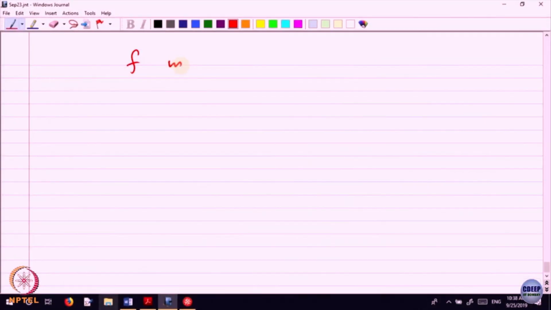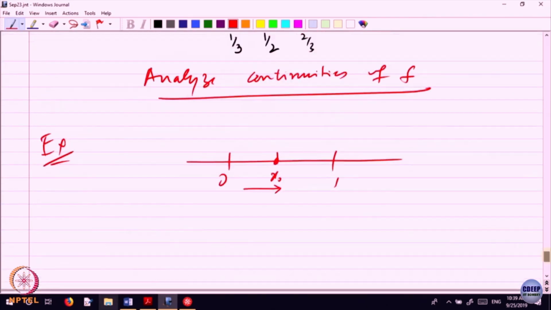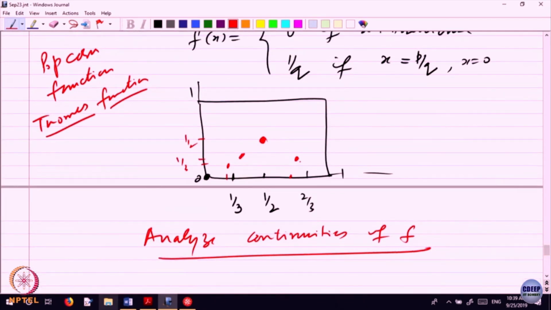Now let us try to understand, is this function f integrable? Obviously it is not differentiable everywhere anyway, because it is not continuous everywhere, so that point is okay. Let us say integrable. Can I say what is the area below the graph of the function? So let us try to see.